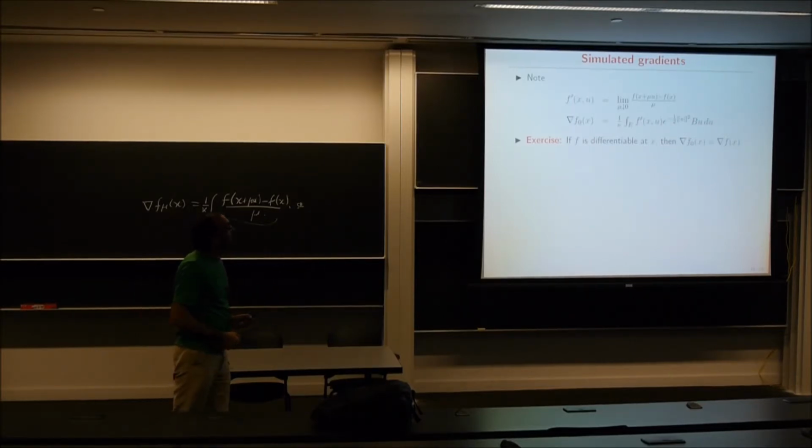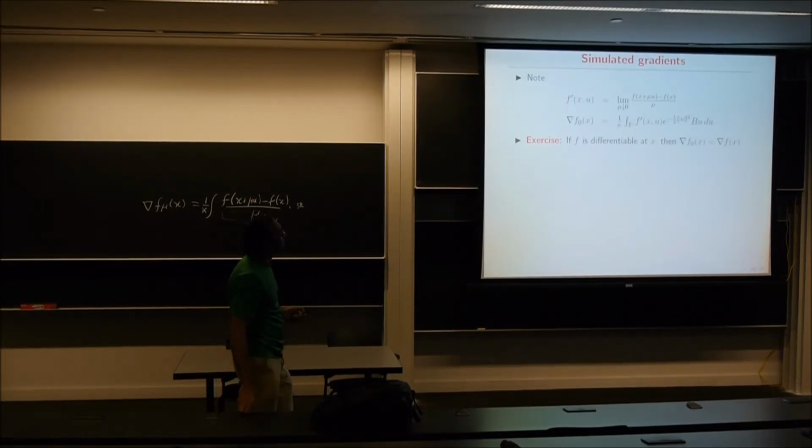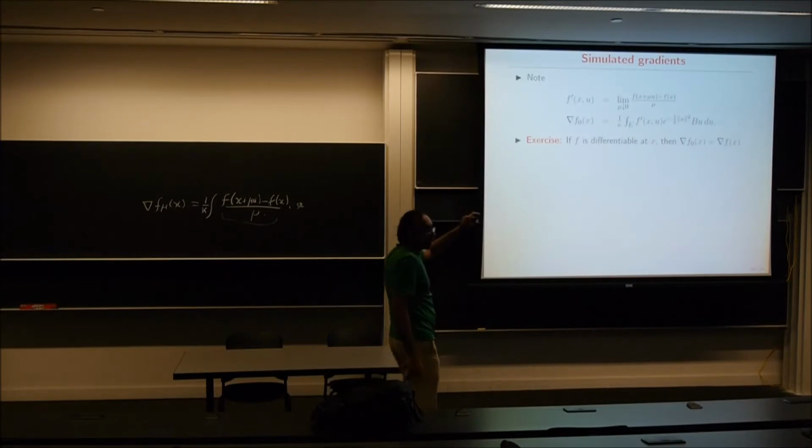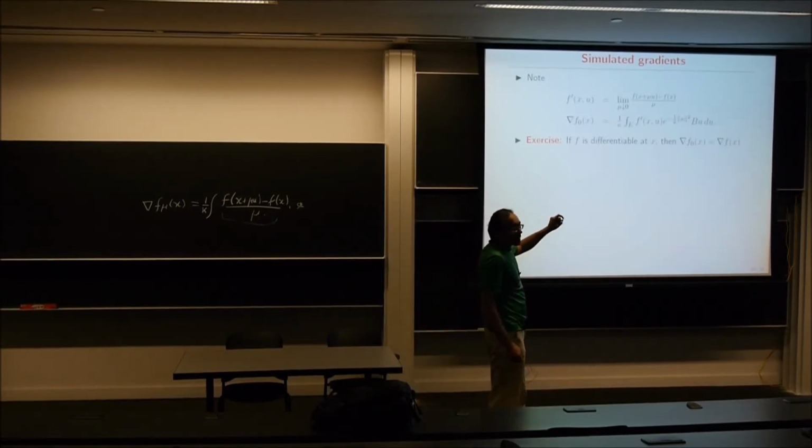And at this point it's an exercise for you to show that if f actually happens to be differentiable, then this integral actually yields the true gradient of f at x, which means instead of using the true gradient, you are just generating these random u's and using directional derivatives in the direction given by those random u's.